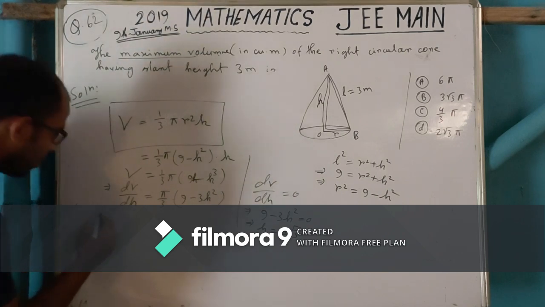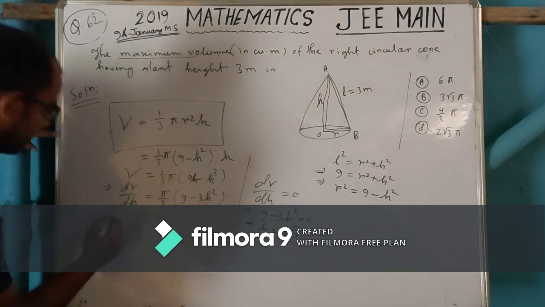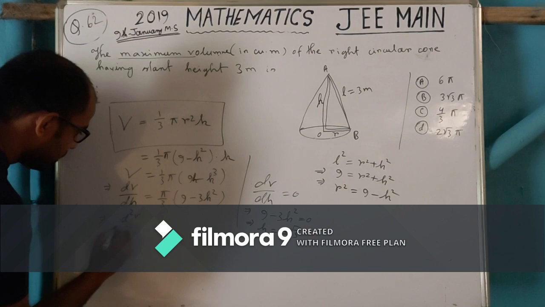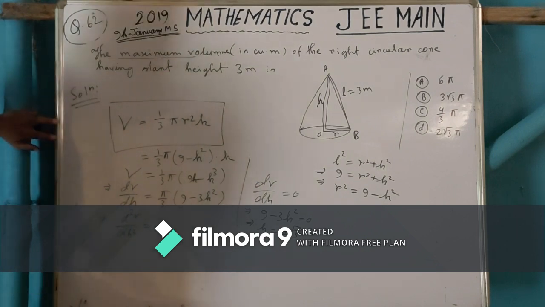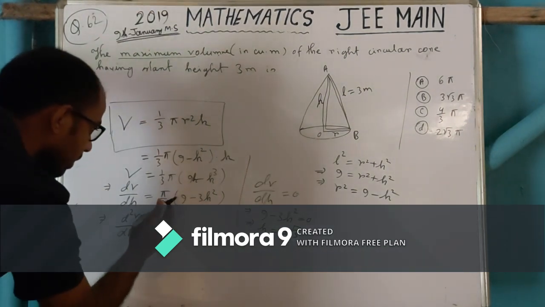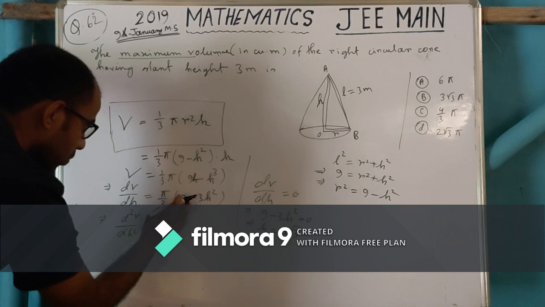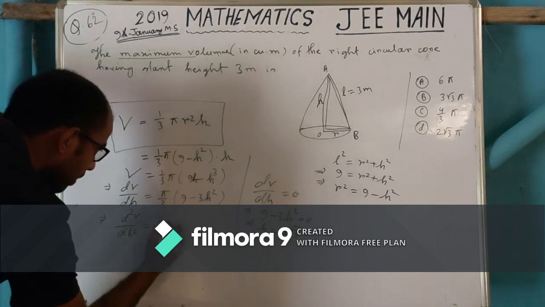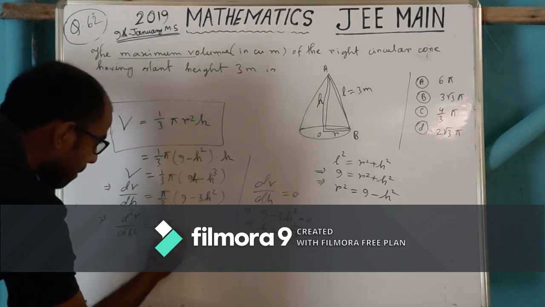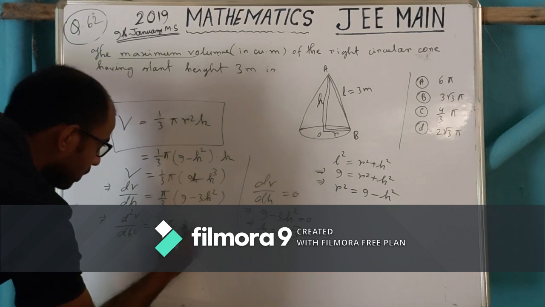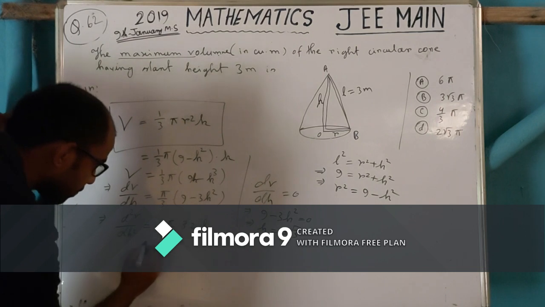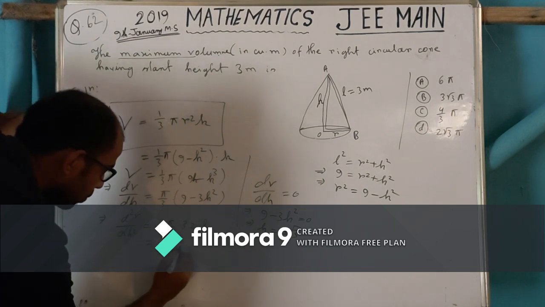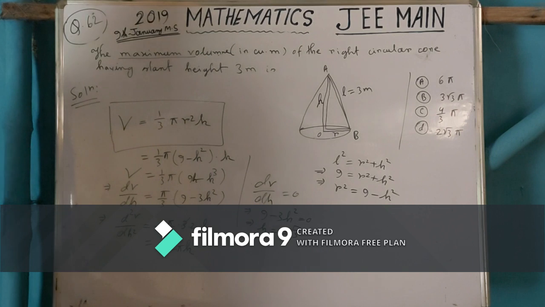So we again differentiate: d2V by dh square equal to minus, this constant pi by 3 is out, into 3 into 2 into h, that means minus 2 pi h.